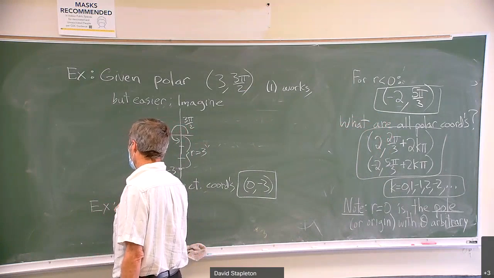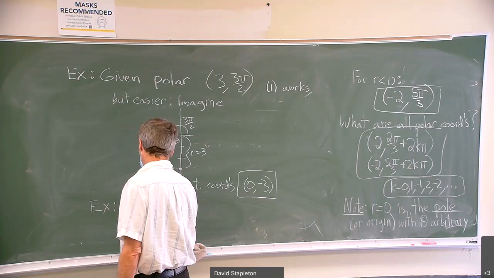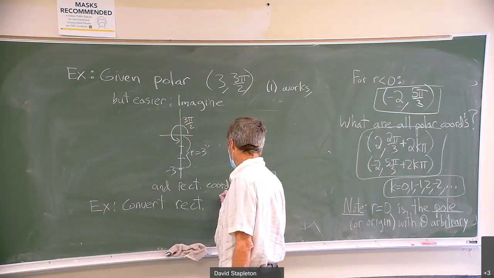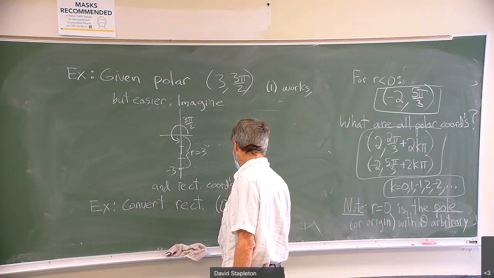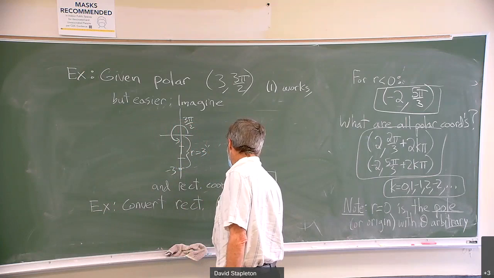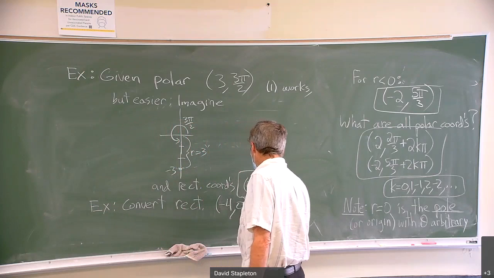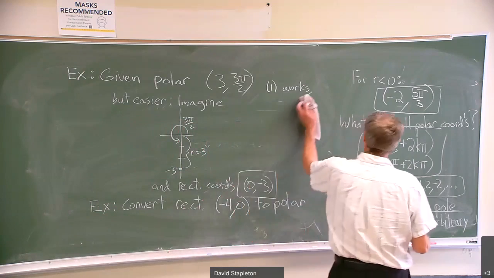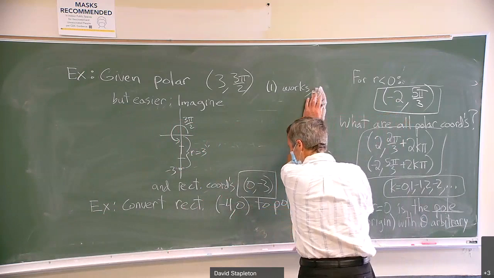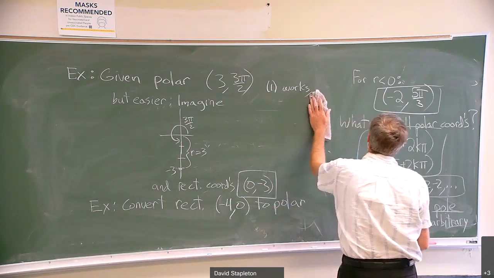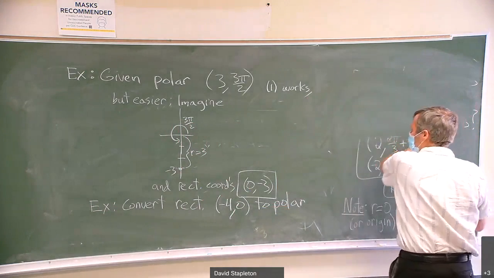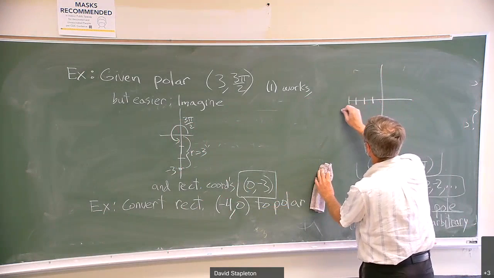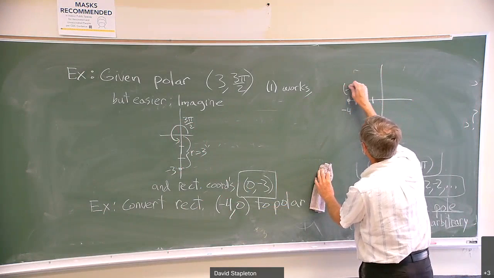So if I say convert rectangular coordinates, let's say minus 4, 0 to polar, this is very easy, right? You don't have to do the calculation, because this lies on an axis, it gives you a quadrantal angle. You just go to the point 1, 2, 3, 4. This is rectangular coordinates. Here's the point minus 4, 0.